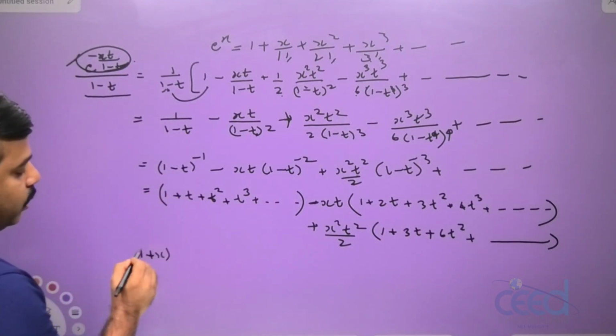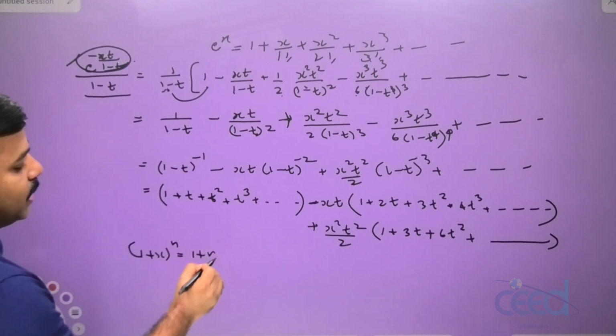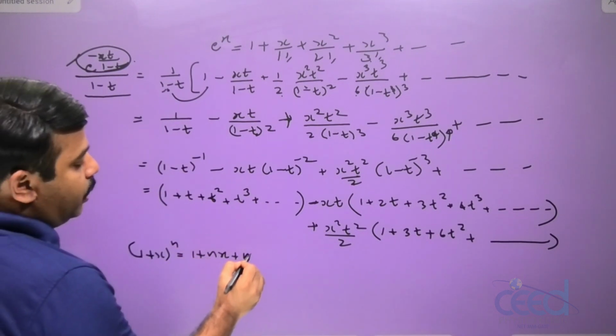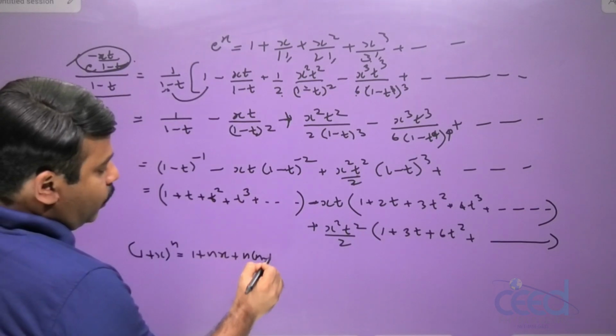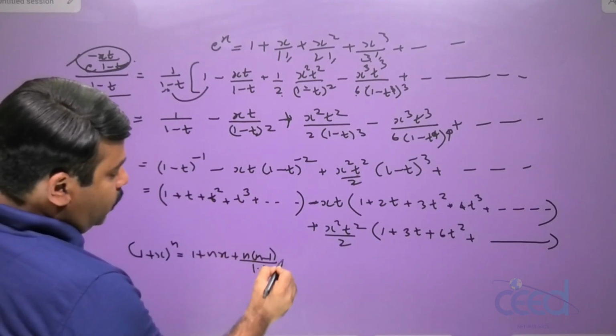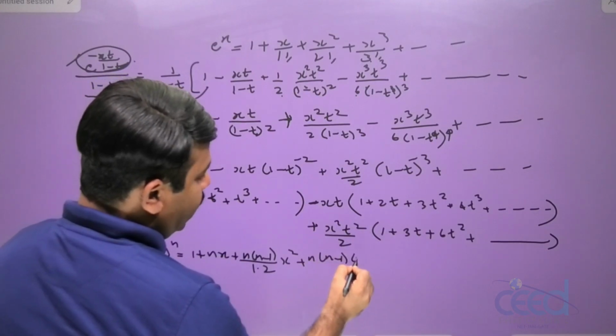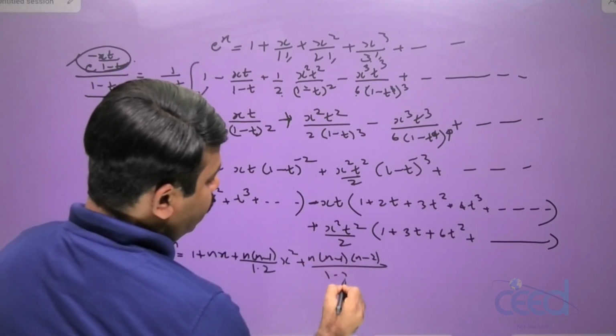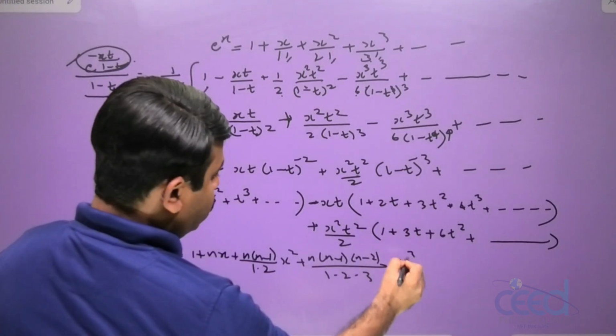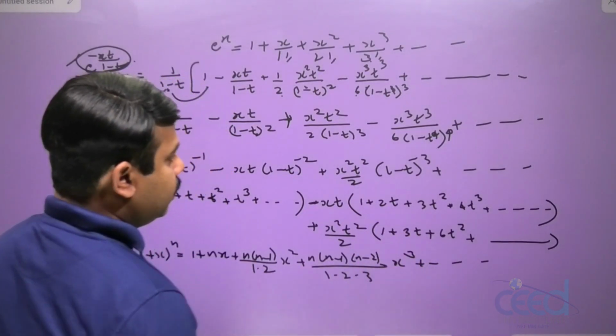1 plus x all raised to n is what? 1 plus nx plus n into n minus 1 divided by 1 into 2 into x square plus n into n minus 1 into n minus 2 divided by 1 into 2 into 3 into x cube plus etc. Right.